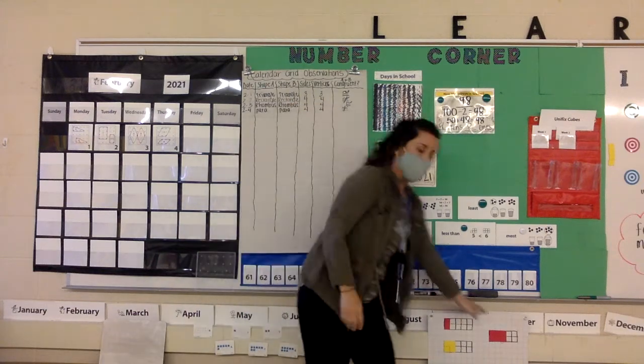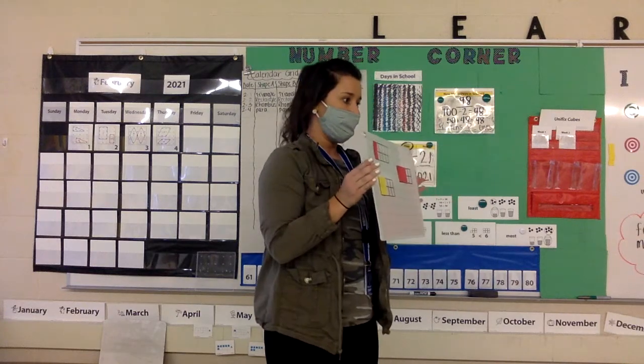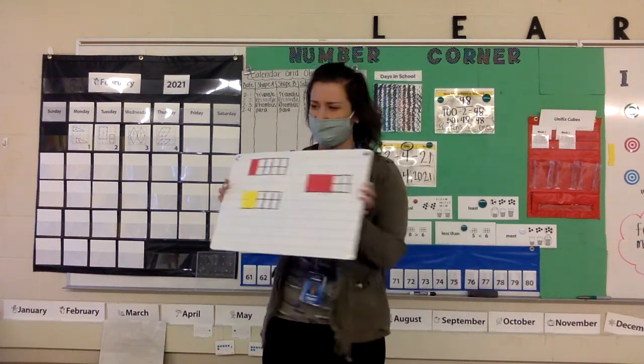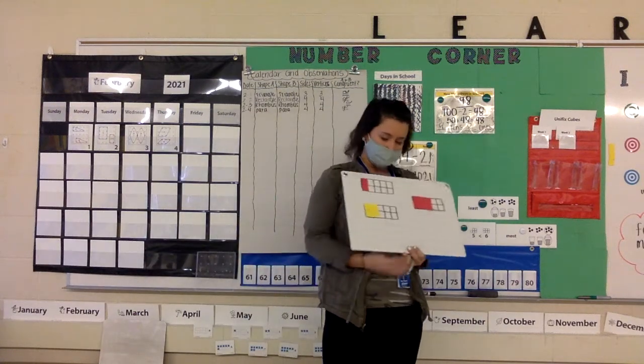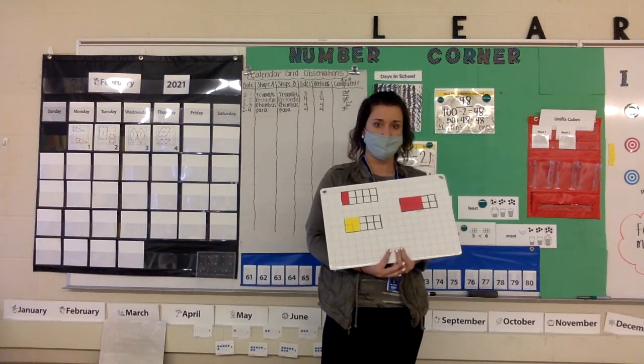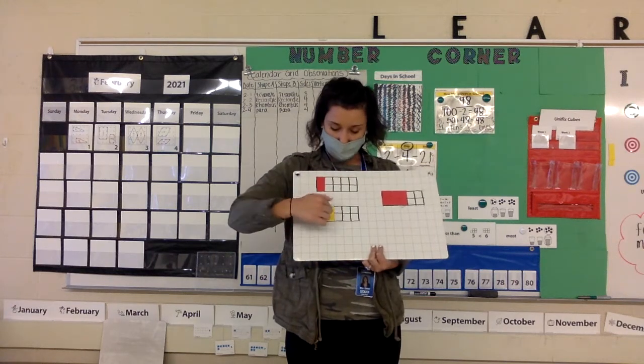Here's what we're going to do last for number corner today. I have something on my chart here. What do you notice about this? What kind of things do you notice? Brady? That they're cubes. Yep, we have some cubes.